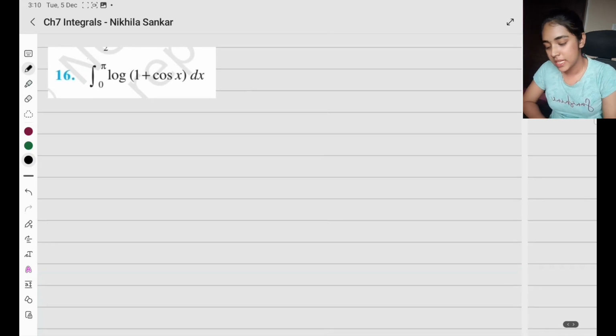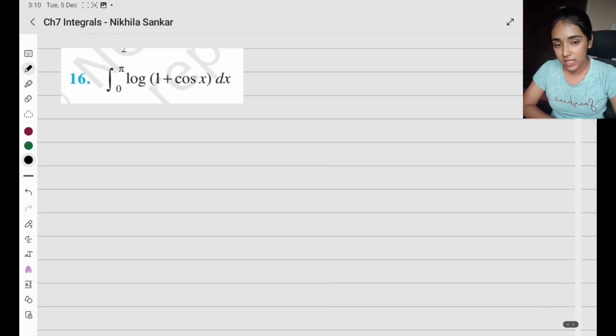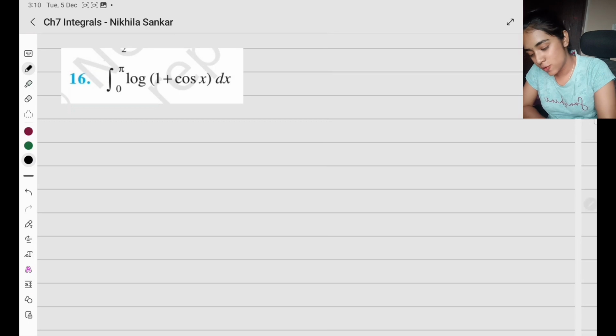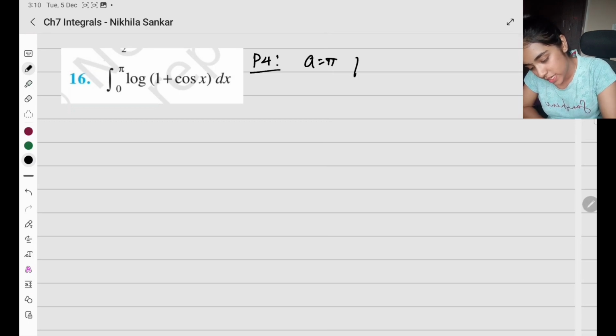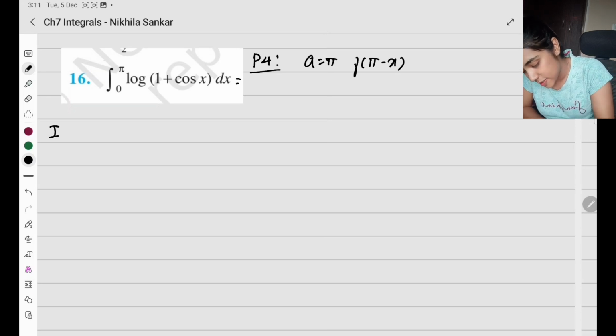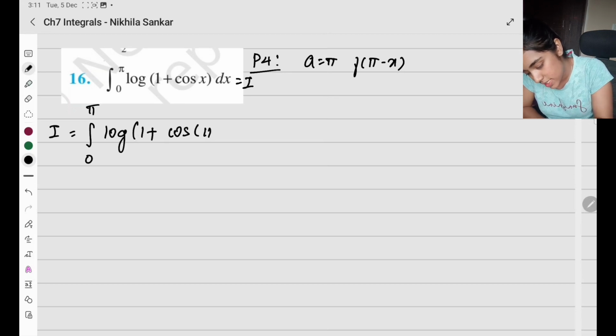Question number 16. Here I have 0 to pi, again using property number 4. So what happens here? The a value is pi. So we take f of pi minus x. This is my I. So I equals integral of 0 to pi of log of 1 plus cos of pi minus x times dx.